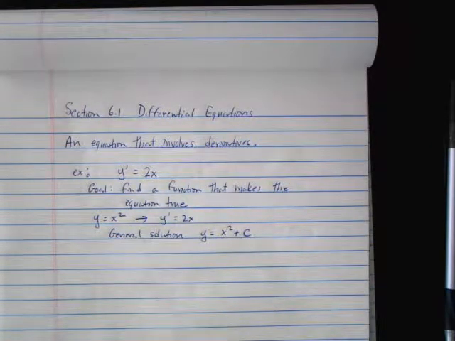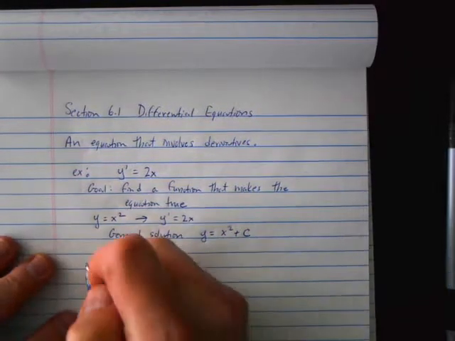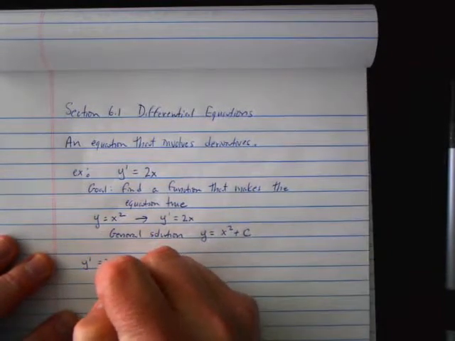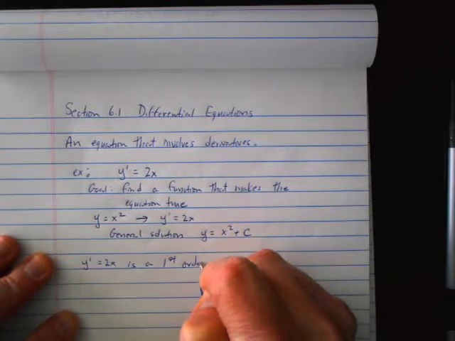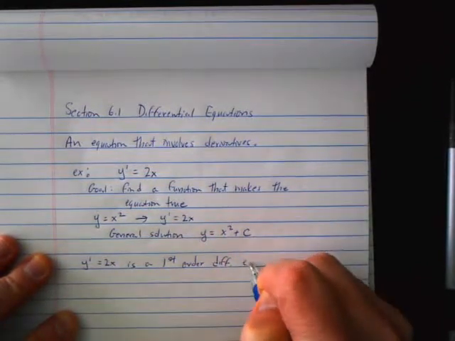All right, that equation that I wrote, y prime equals 2x, we would call a first order differential equation. Why do you think it's called first order? It has a first derivative. Y prime equals 2x is a first order differential equation.